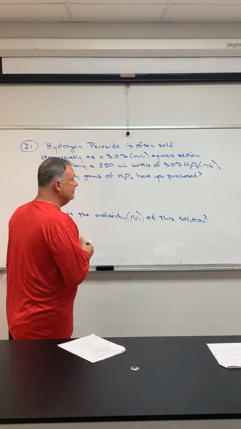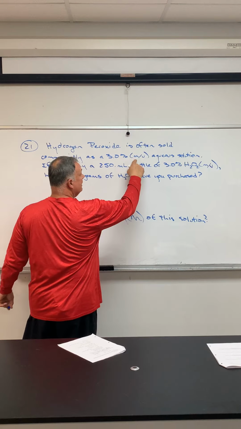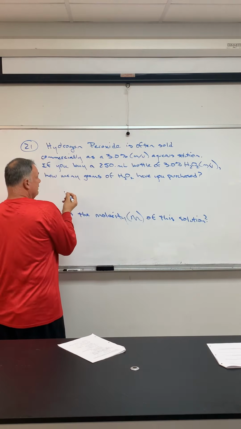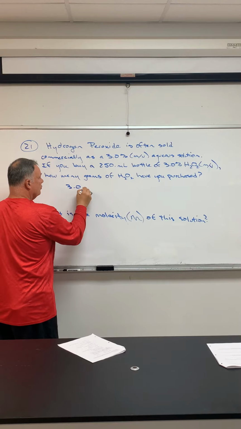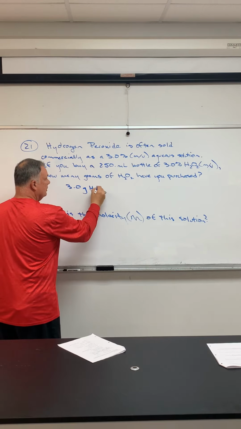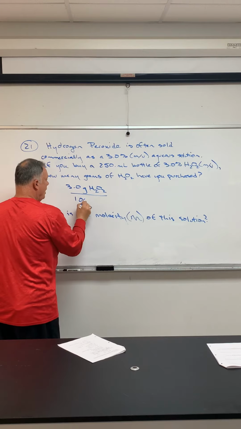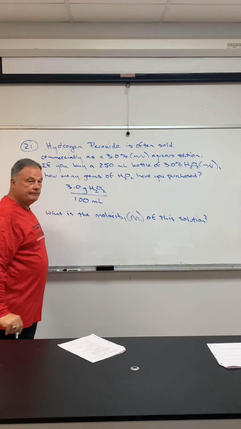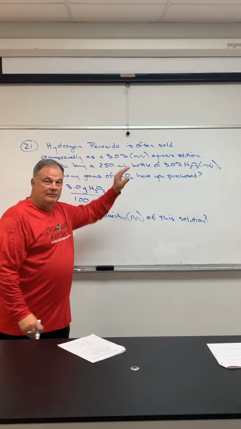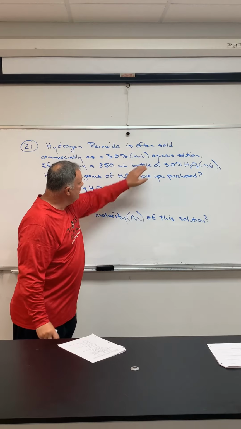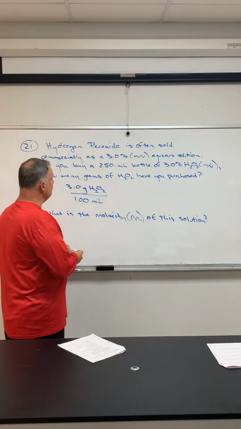A percentage of anything, in this case 3.0%, basically tells me that I have 3.0 grams of H2O2 per every 100 milliliters of volume. So you need in your head to understand that a 3% solution, mass per volume, is that. Okay? It will really help you solve this problem.